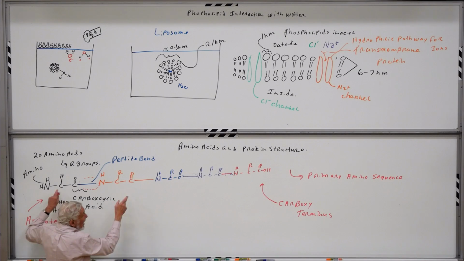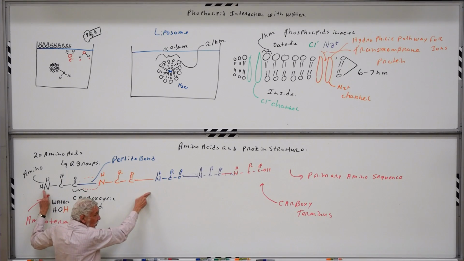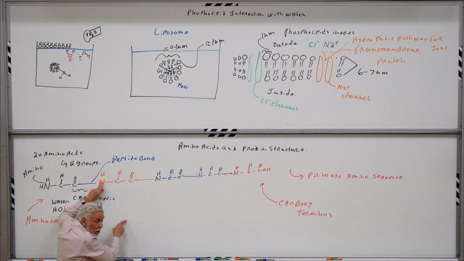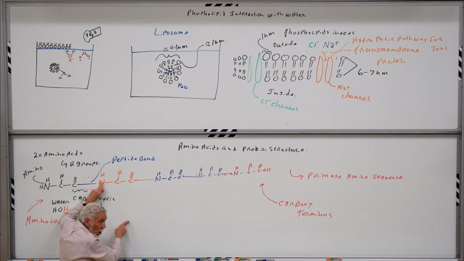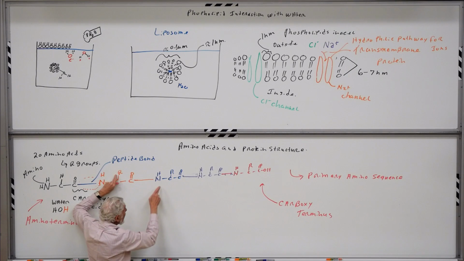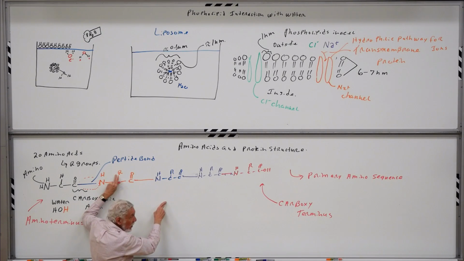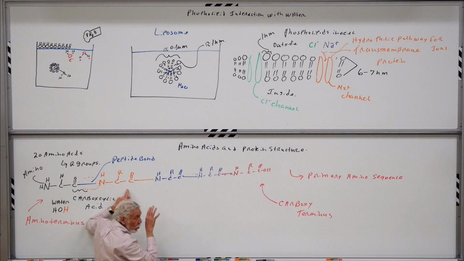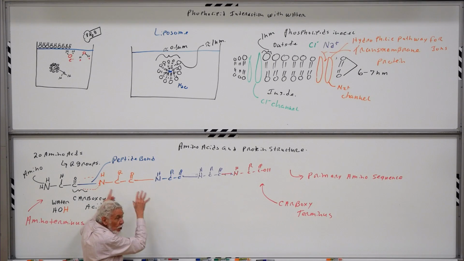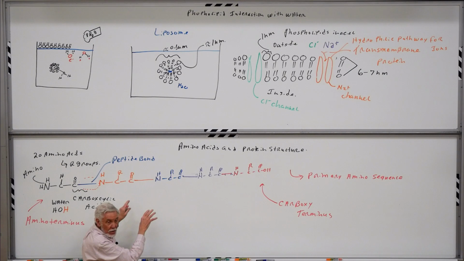So we'll see that the primary structure is simply the sequence. The secondary structure, as I mentioned in the introduction, has to do with hydrogen bonding within the molecule. And finally, the tertiary structure will be based upon the R groups and the R group's interaction with water. And the R group's interaction with water in tertiary structure will determine its three-dimensional shape. And an important concept we'll come back to over and over again is that the three-dimensional shape of the protein determines its function.